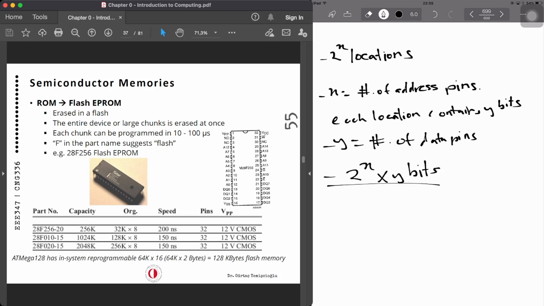Now, the major difference between EEPROM and flash EEPROM, or flash memory: when the flash memory contents are erased, you are erasing the entire device. But as I already mentioned, when you are erasing the EEPROM, you can just erase a desired byte.